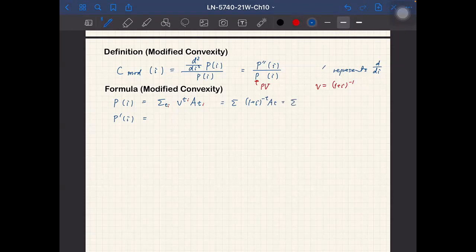This is equal to the summation of e to the power negative t times log of 1 plus i, times A_t.